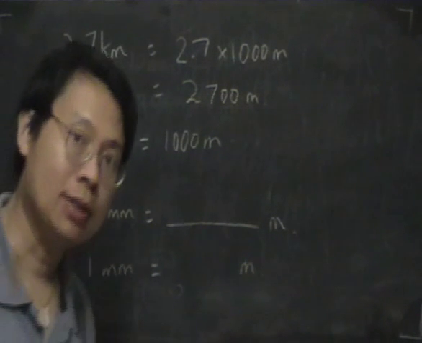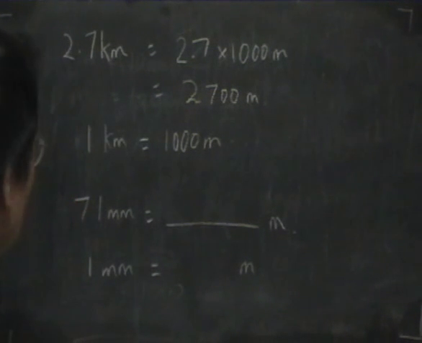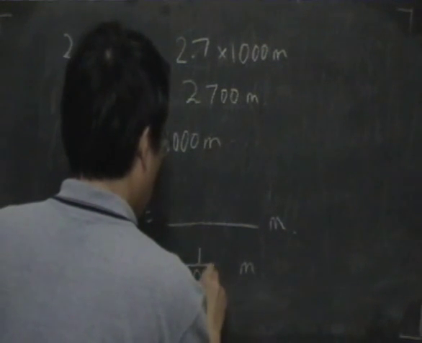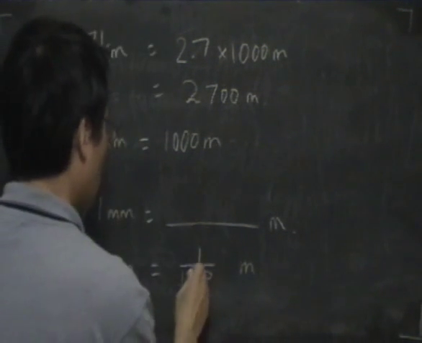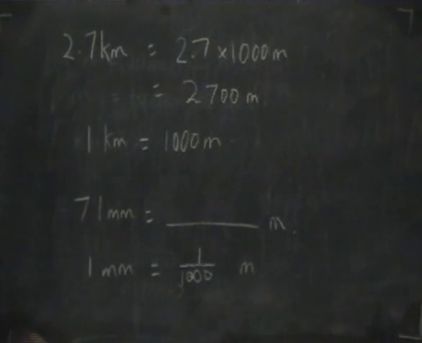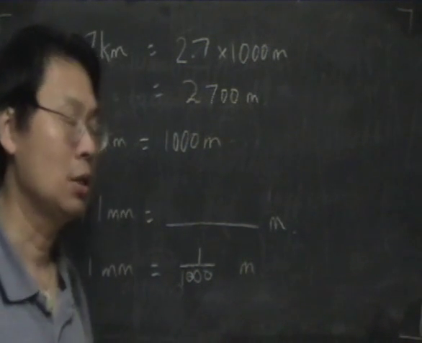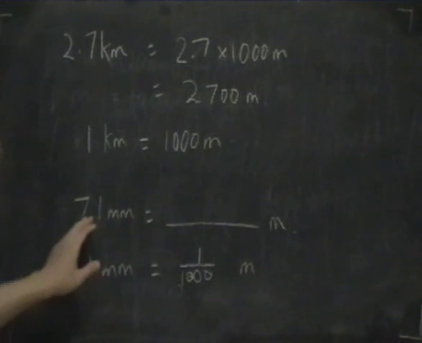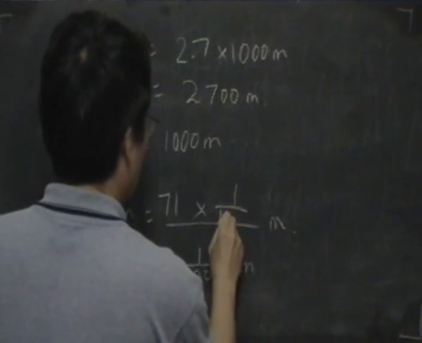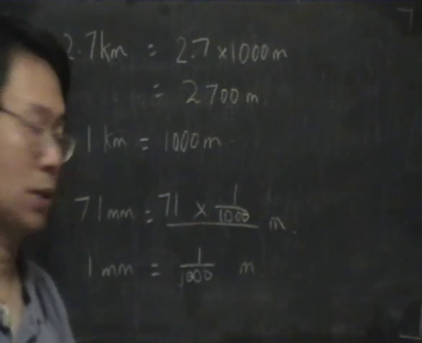And if you remember that milli means 1 over 1000, then 1 millimeter is 1 over 1000 of a meter. So therefore 71 millimeters is 71 times 1 over 1000 of a meter.